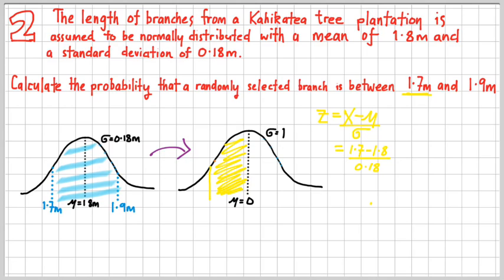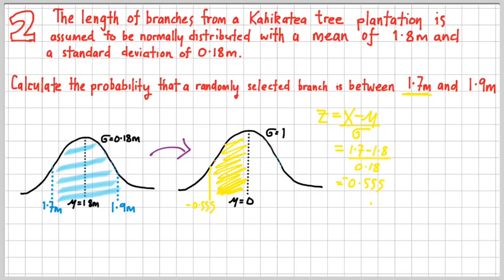There's my x minus m divided by standard deviation, or 1.7 take away 1.8, all divided by 0.18, and my answer I get is negative 0.555. Now don't be scared by that negative, because it's definitely a negative number. As you can see, the mean is 0, so anything to the left of 0 is going to be negative. So that's half of the puzzle.